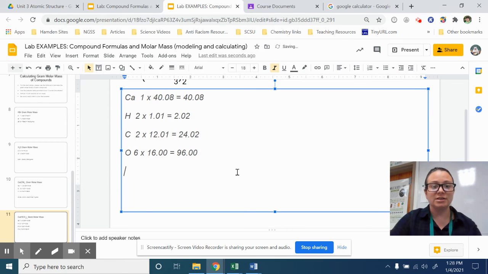All right, the next step is just to add them up. 40.08 plus 2.02 plus 24.02 plus 96.00.